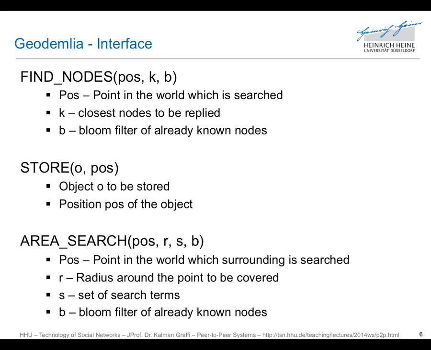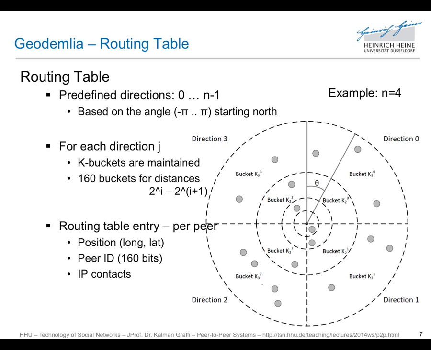Okay, how does it look? It has some Kademlia in it, so it's somehow related to Kademlia, and this is what the routing table looks like. Let's consider we have n predefined directions, numbered from 0 to n minus 1.